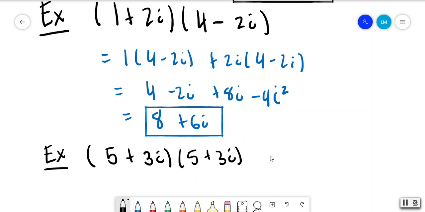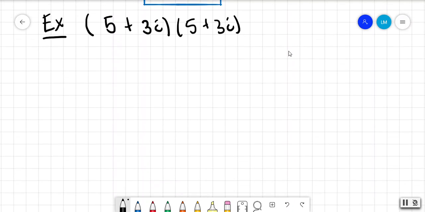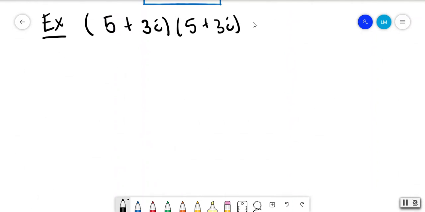Now, this is kind of interesting, because how do you multiply these two complex numbers? Note that this is the complex number squared. So we have that this is going to be squared.